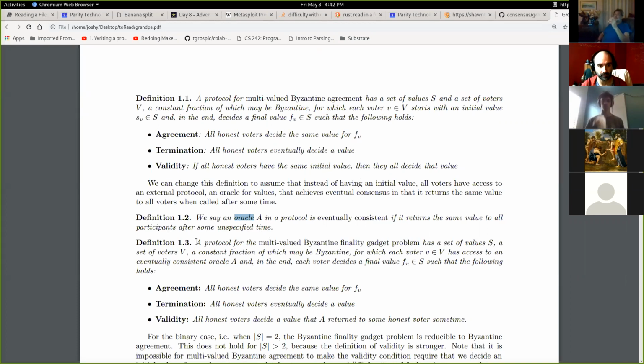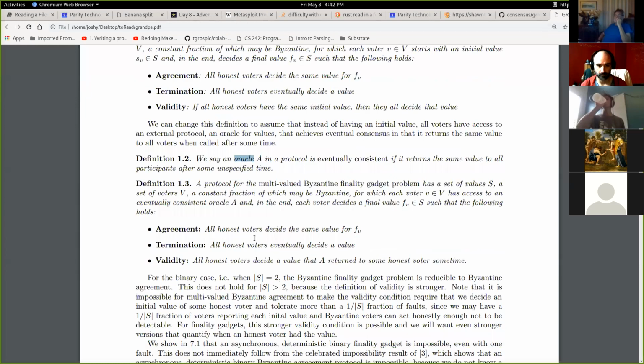Okay, 1.3. A protocol for the multi-valued Byzantine finality gadget problem has a set of values S, a set of voters V. Oh, it is voters V. A constant. Yes, some of them could be Byzantine. Each voter has access to an eventually consistent oracle A, and in the end, each voter decides a final value FV, such that the following.